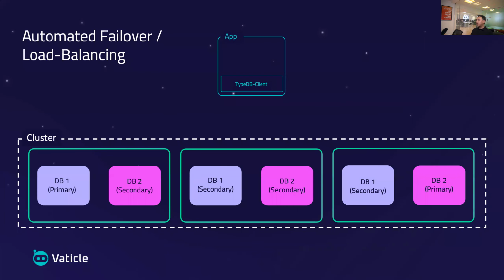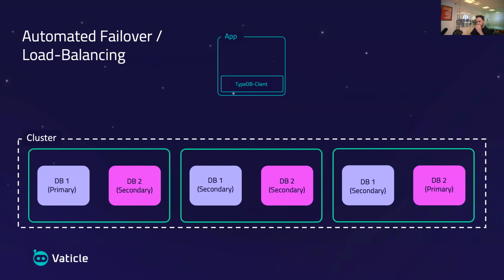The application uses the TypeDB client under the hood, and this is the same TypeDB client that you are probably already familiar with, except that the client actually has two modes: one is the TypeDB client, and the other is the TypeDB Cluster client. When you activate the TypeDB Cluster client to connect to TypeDB Cluster, there are additional mechanisms that allow for ease of use, such as automatically failing over or load balancing between these servers.